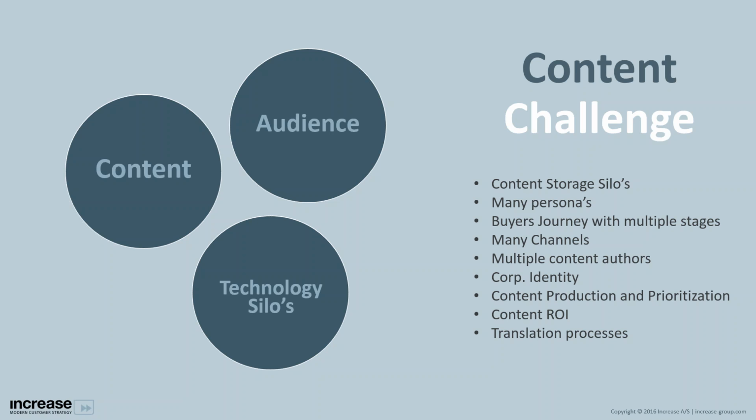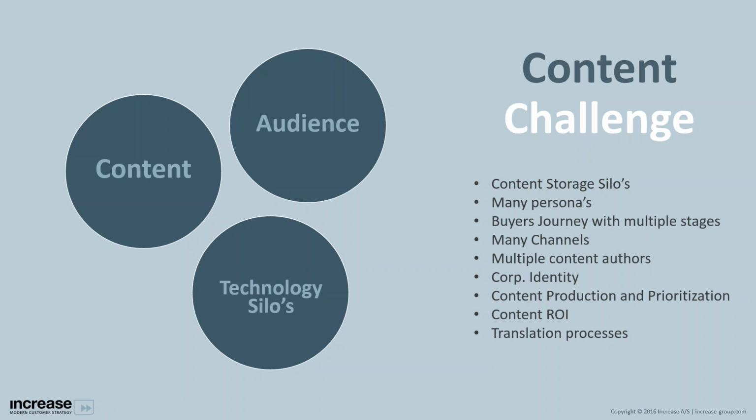We have our Twitter feeds, we have our LinkedIn feeds, we have our websites, our small mini websites, we have email marketing, print, movies, YouTube, different types of content, and they're all stored in their own little silo, and they're not really connected.